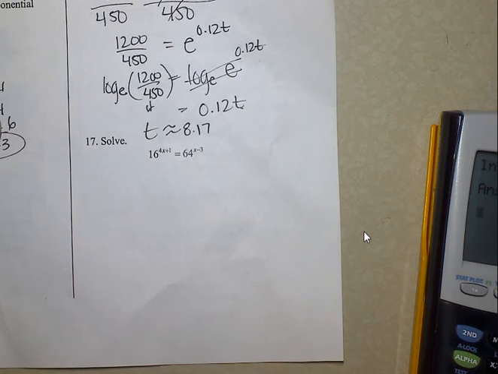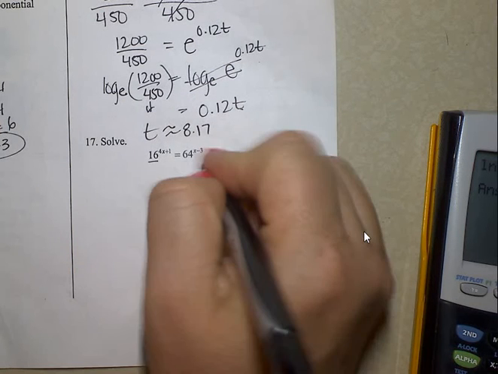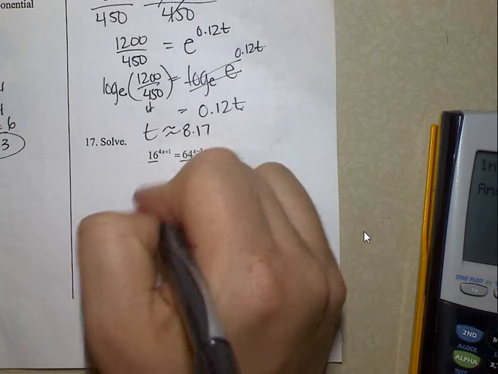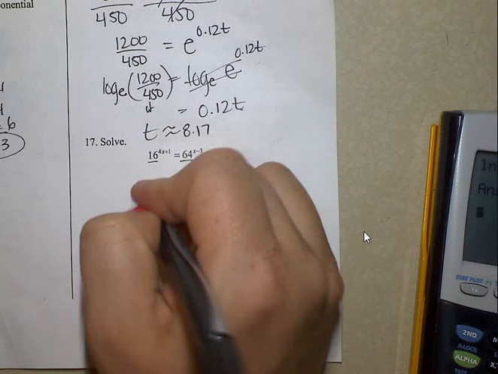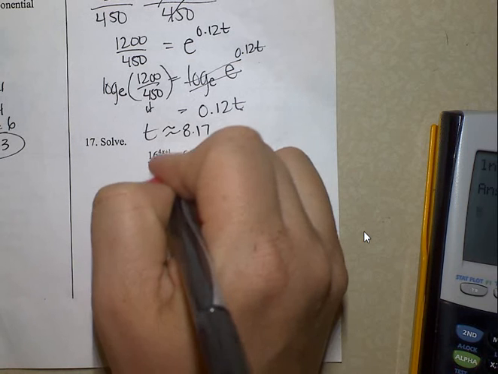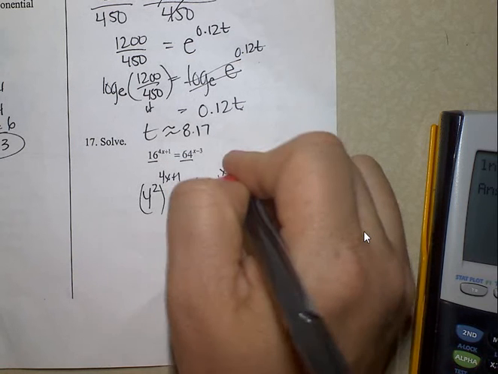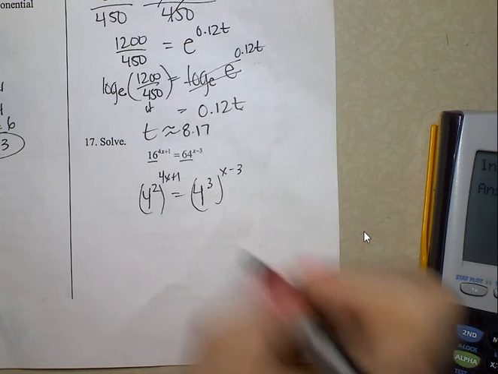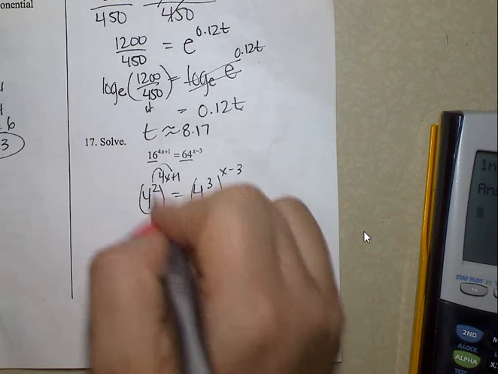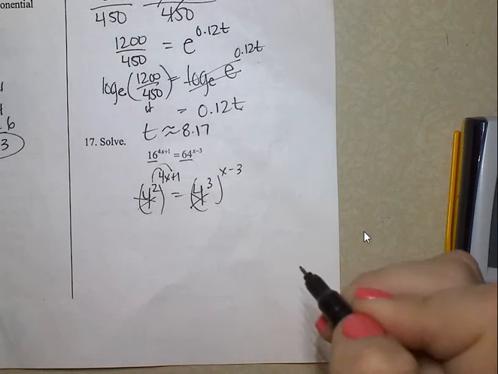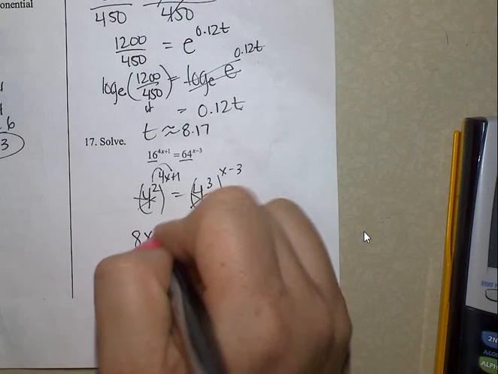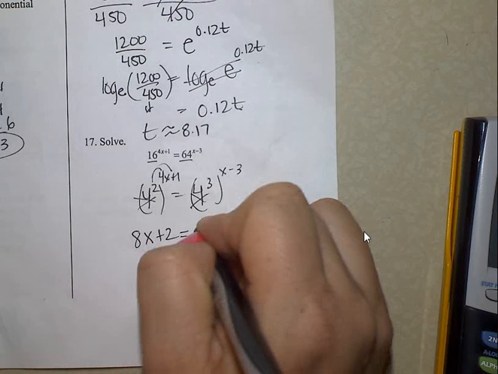Okay, next one, we want to find the same base here. Same base. So a good base here would be 4, 4 squared, and 4 to the third. 4x plus 1 and x minus 3. Okay, can I distribute after I cancel out my bases because they're the same to get 8x plus 2 equals 3x minus 9.